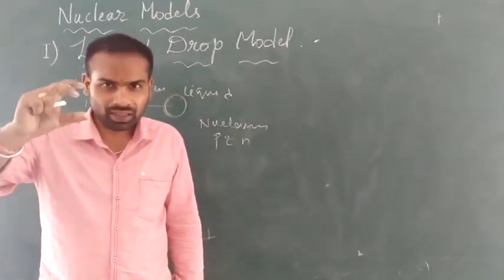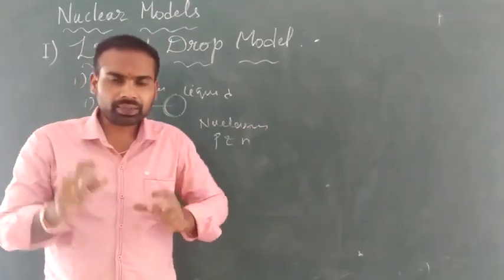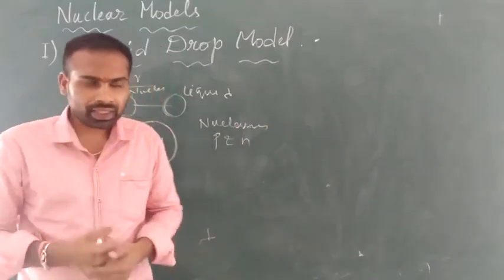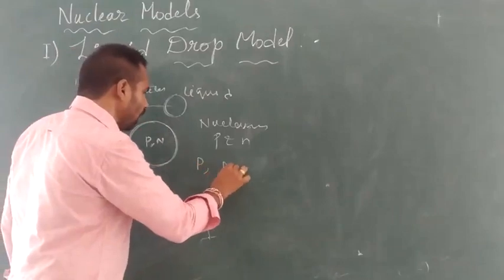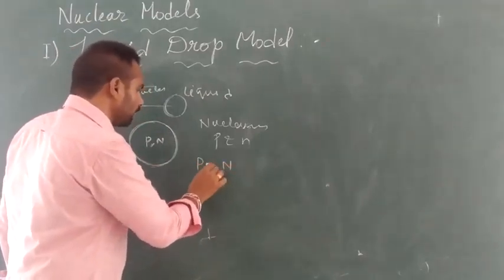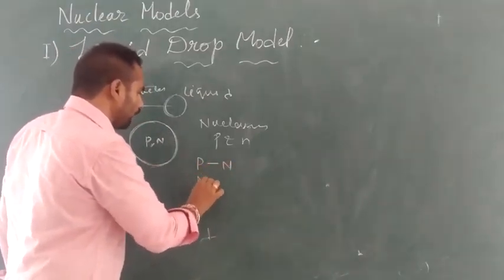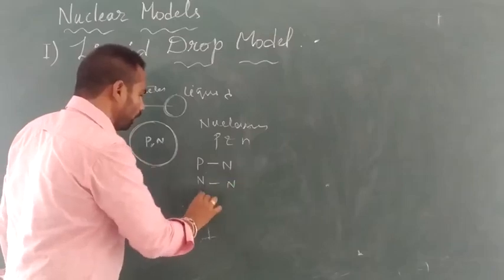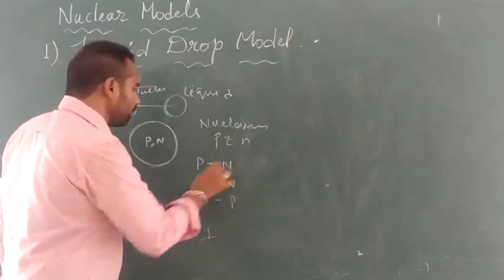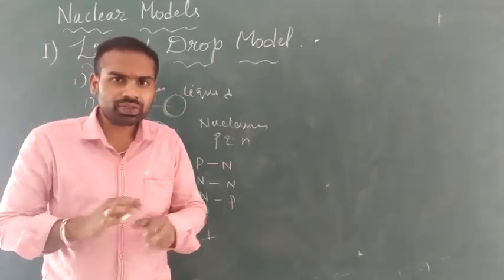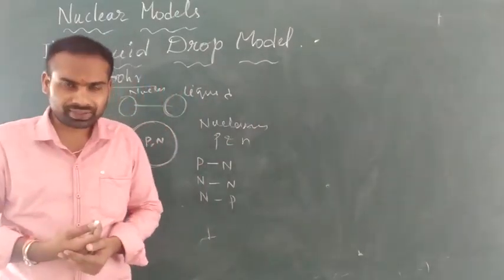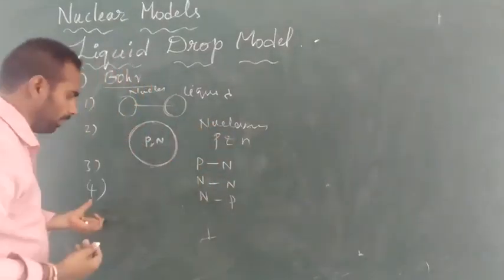The proton and neutron, or neutron and proton, will maintain some constant distance, and the total energy of the nucleus will be distributed among the nucleons, okay. This is the fourth point.